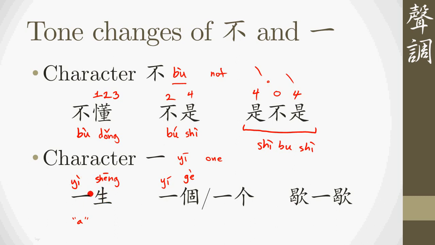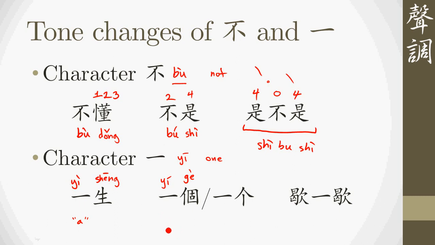If you were actually to say 一生 with first tone as opposed to fourth tone, you would really be saying doctor. So sometimes this is really important because they distinguish words in maybe more subtle ways. And then here we have 一个, which means one of something. 一个人, one person.